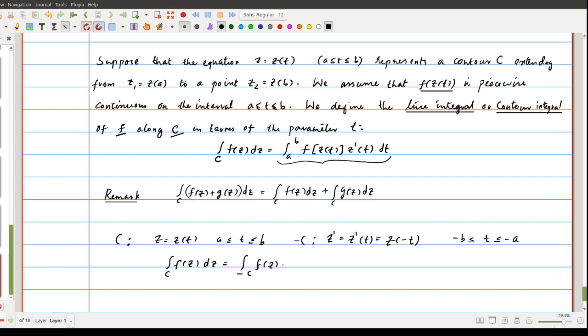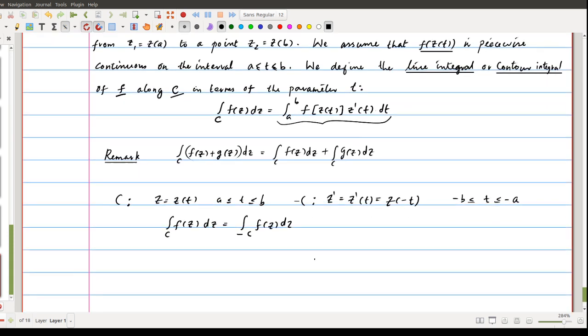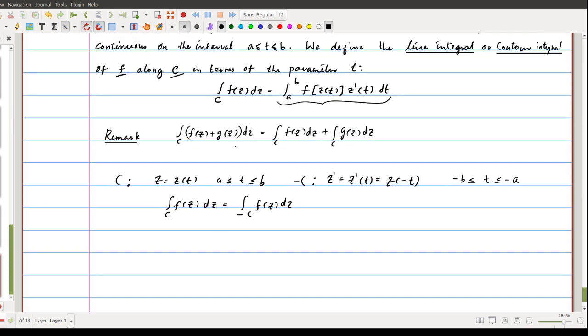We can prove this using the definition of the integral that we have written here.